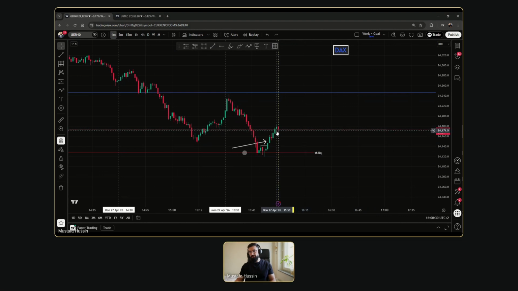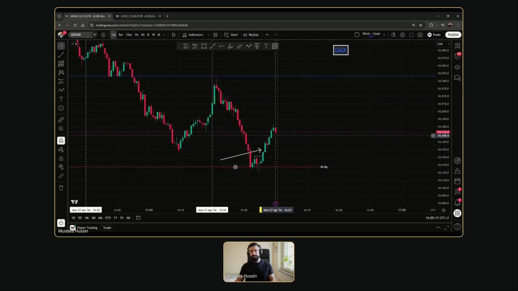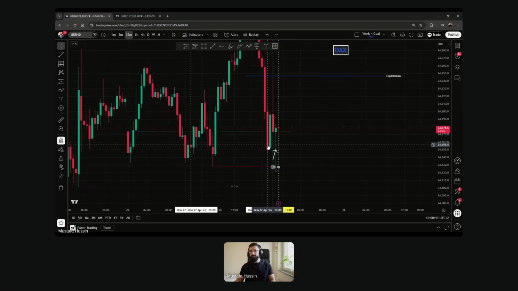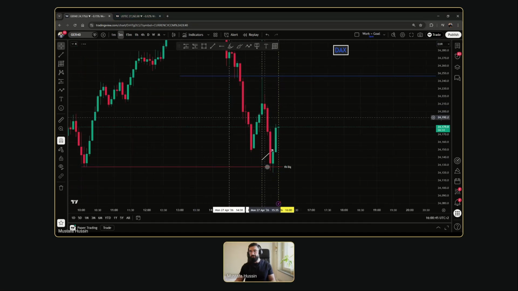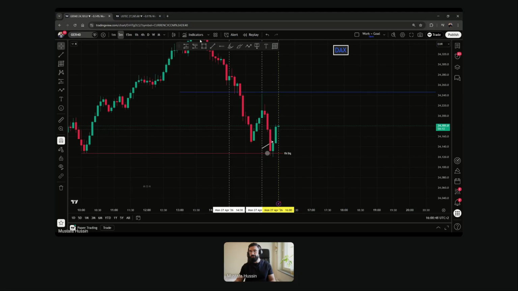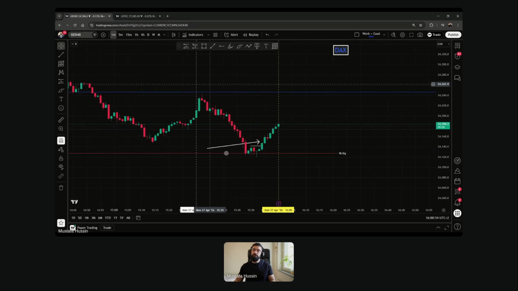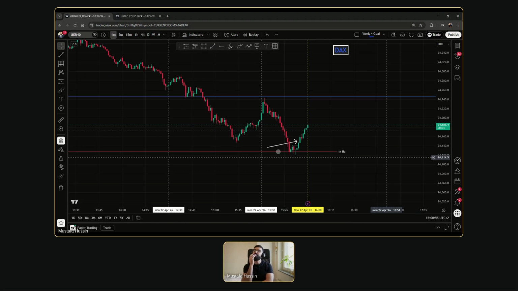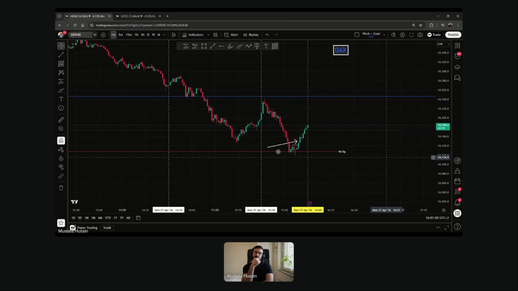Would I take the trade from this area right here? No. Why? Because the fair value gap or the reaction is way too high, and there's a 5-minute fair value gap right here that can reverse it to the downside. Looking for good setups, not halfway.